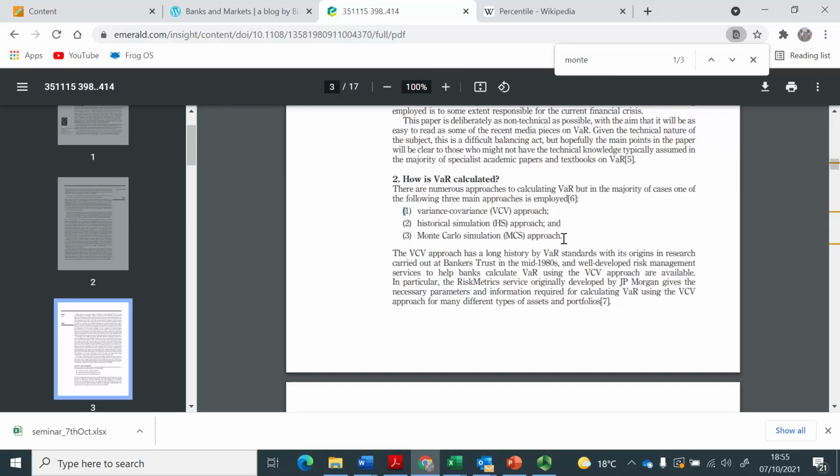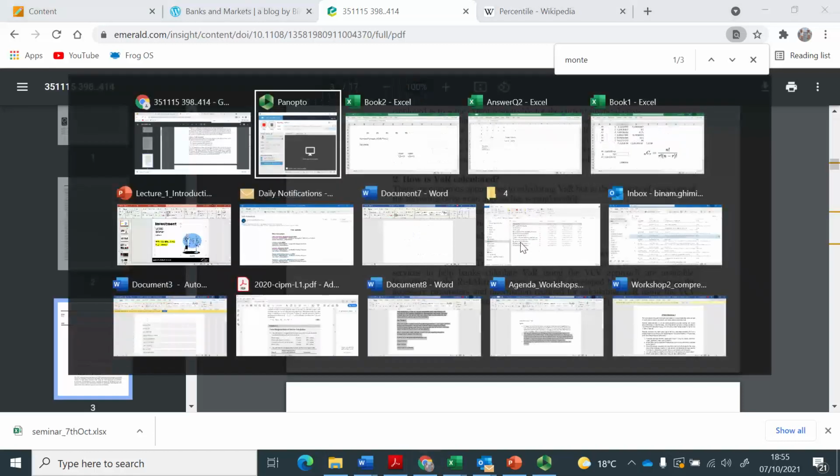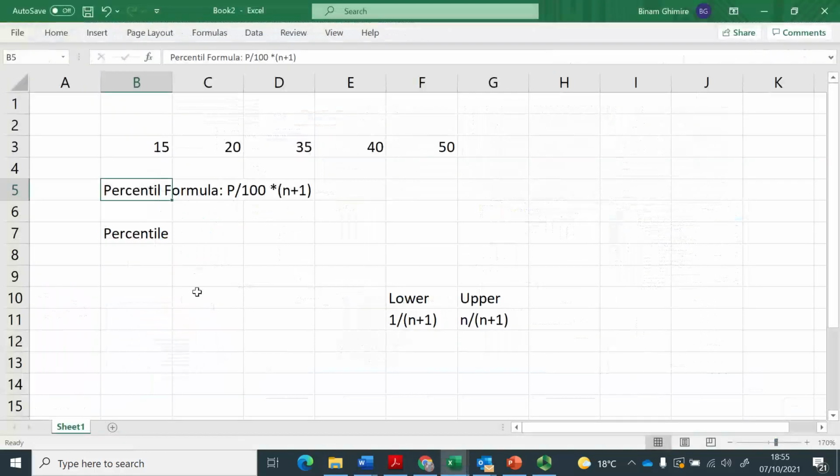And because of the data size, which tends to be heavy when we compute VaR using historical simulation and Monte Carlo simulation, we make use of Microsoft Excel when we compute percentile.